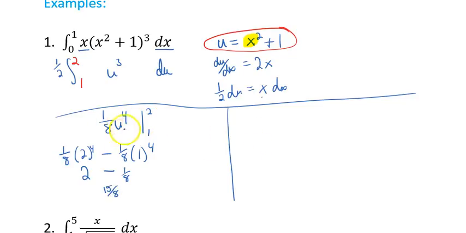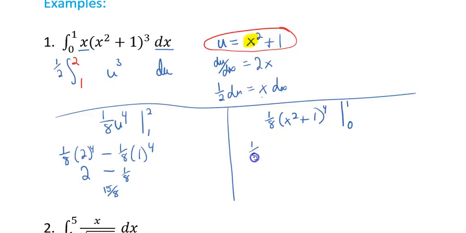Now, if you plug the variable, the x squared plus 1, back in, think about what this would be. Instead of 1/8 u to the 4th, you would have 1/8 times x squared plus 1 to the 4th. But because our variable is x, I would go back to my x limits, which would be 0 and 1. So now I plug in those.